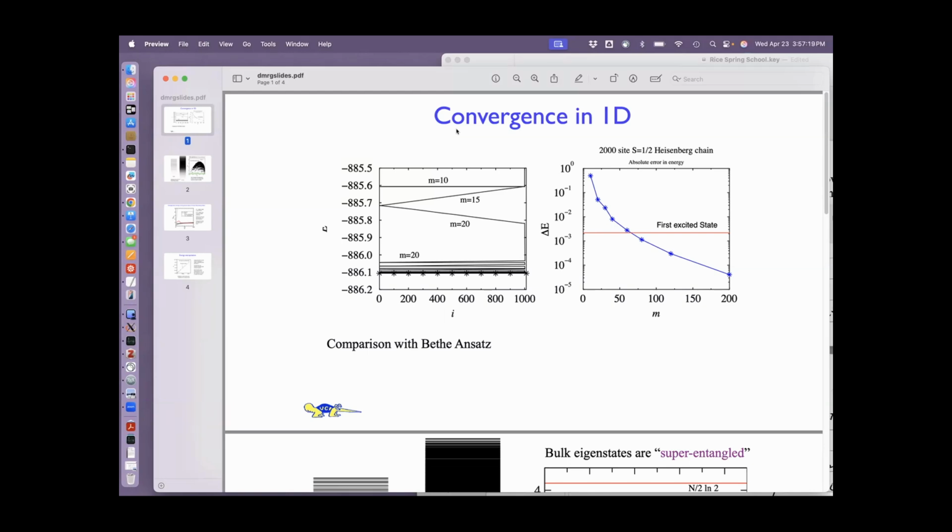So basically, there's some dependence on the gaplessness or not, but even in this gapless case, we have this sort of exponentially good convergence. Yeah, good question.